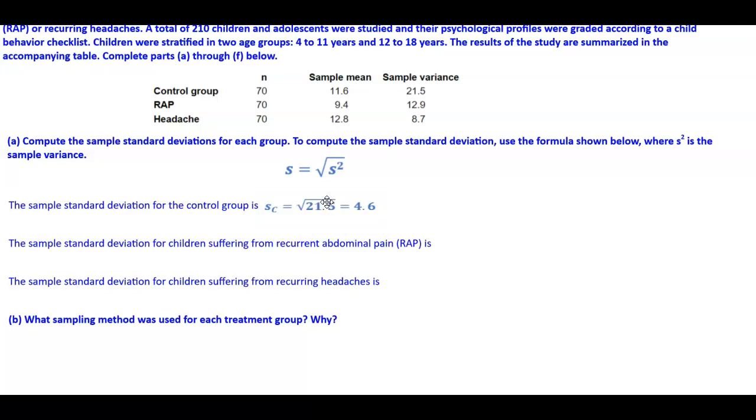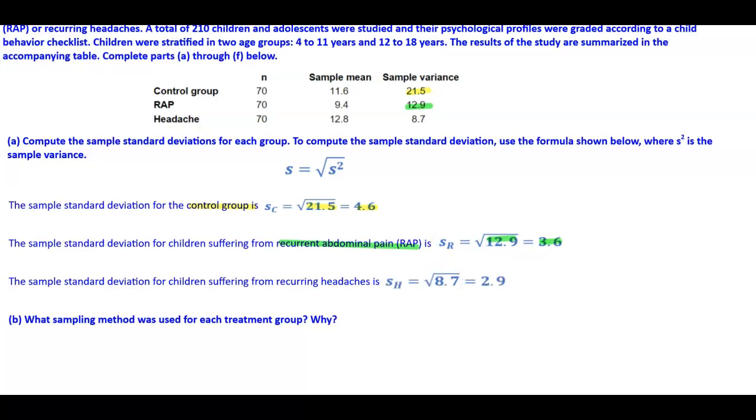So if we take a look at the first one, the sample standard deviation for the control group, we're going to take the sample variance, take the square root of 21.5, and we get 4.6. Next, we want to find the sample standard deviation for the recurrent abdominal pain, and we're going to take the square root of that variance, which is 12.9, which gives us 3.6.